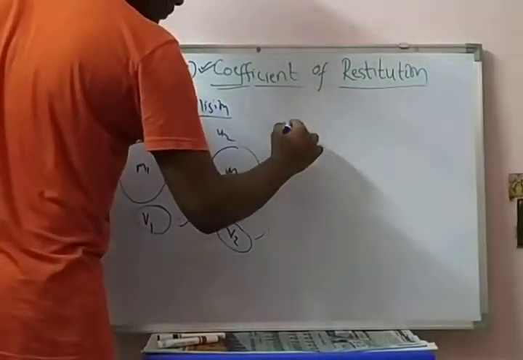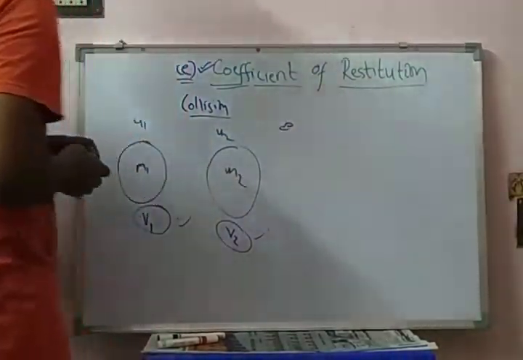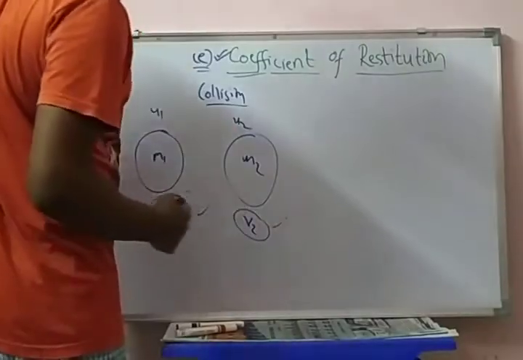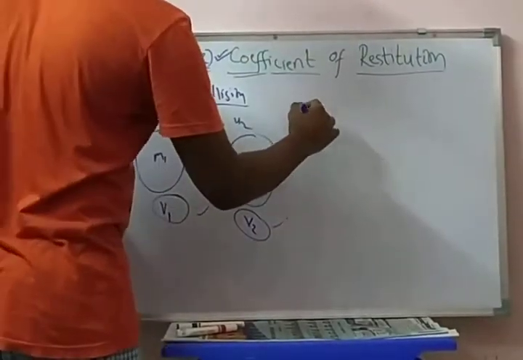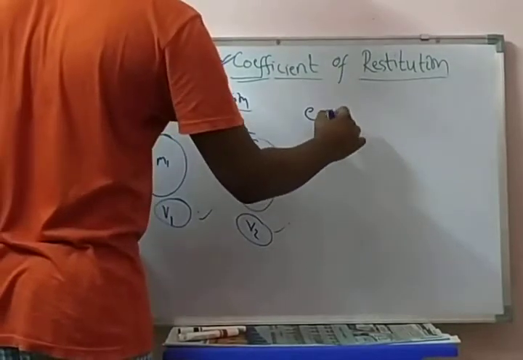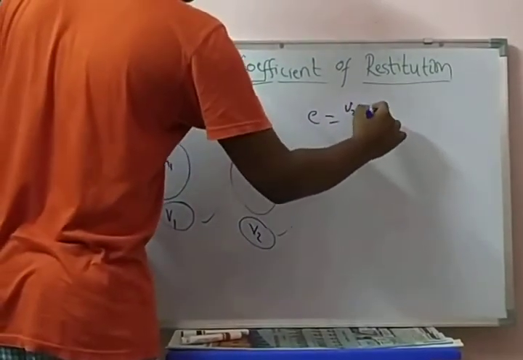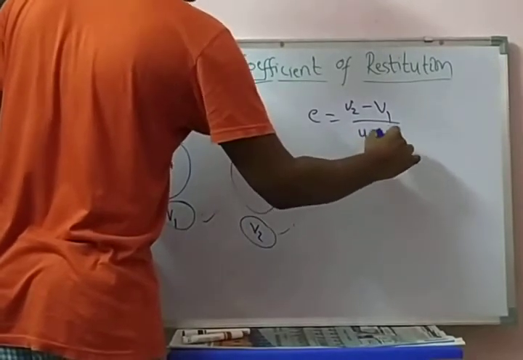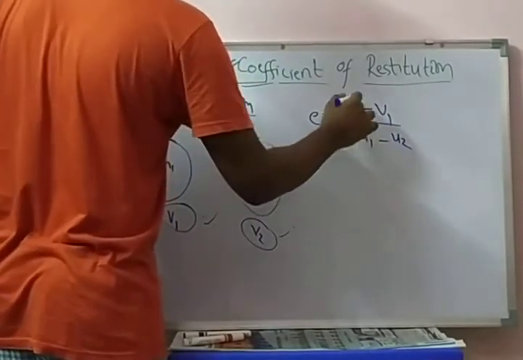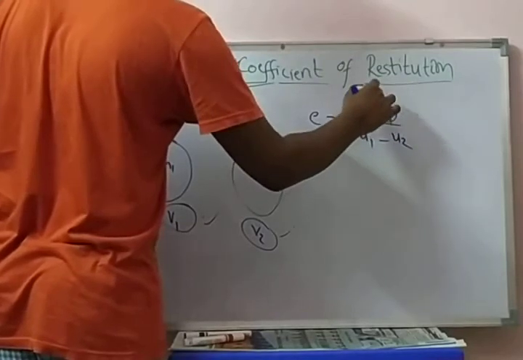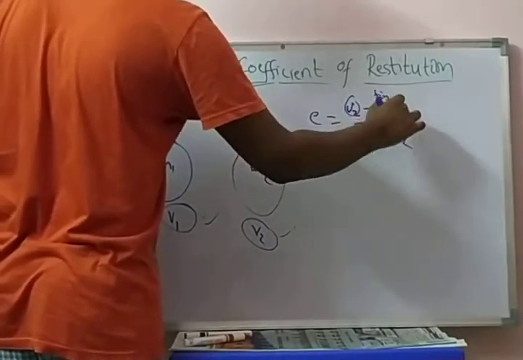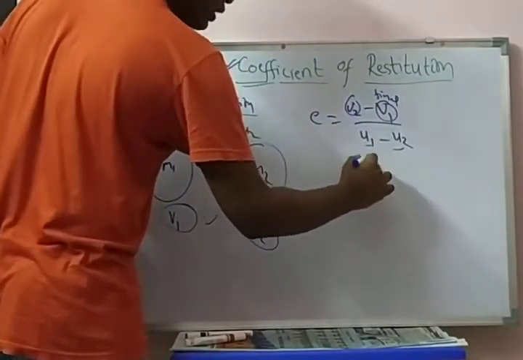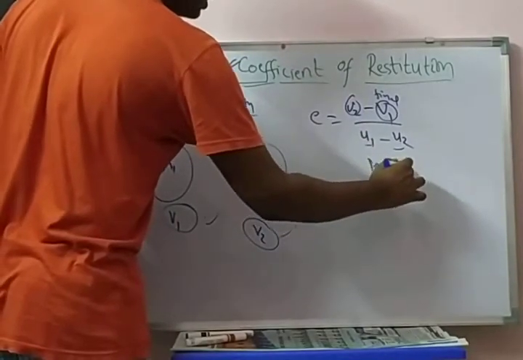Then the coefficient of restitution e is equal to (v2 minus v1) by (u1 minus u2). So v1 and v2 are final velocities, whereas u1 and u2 are initial velocities.